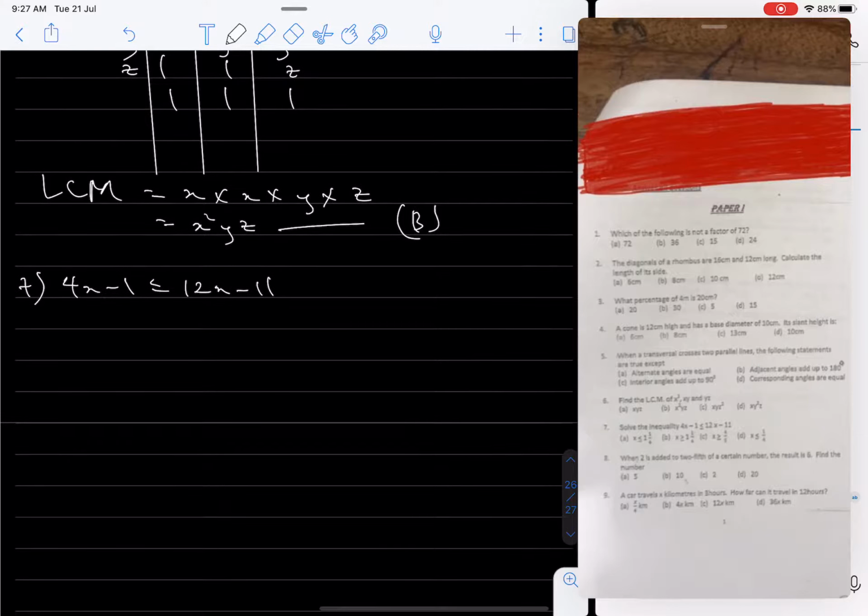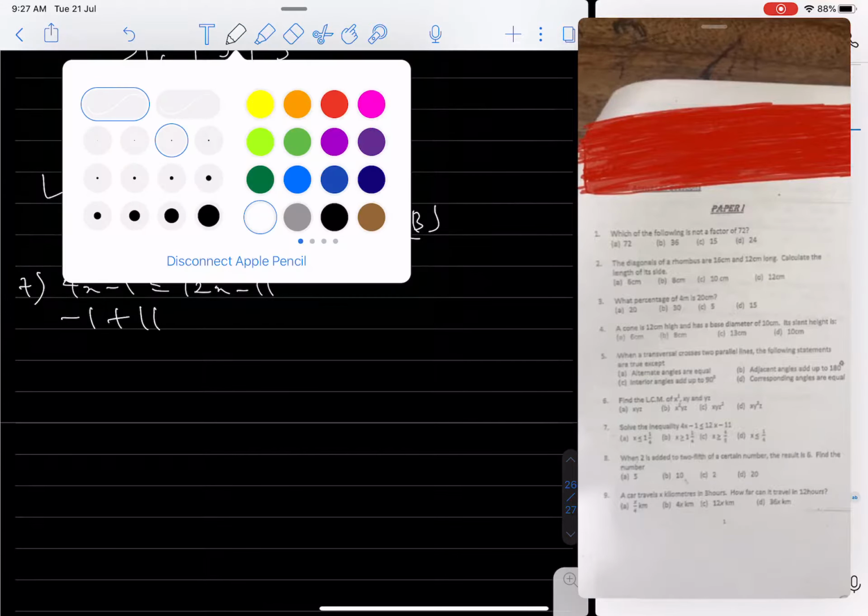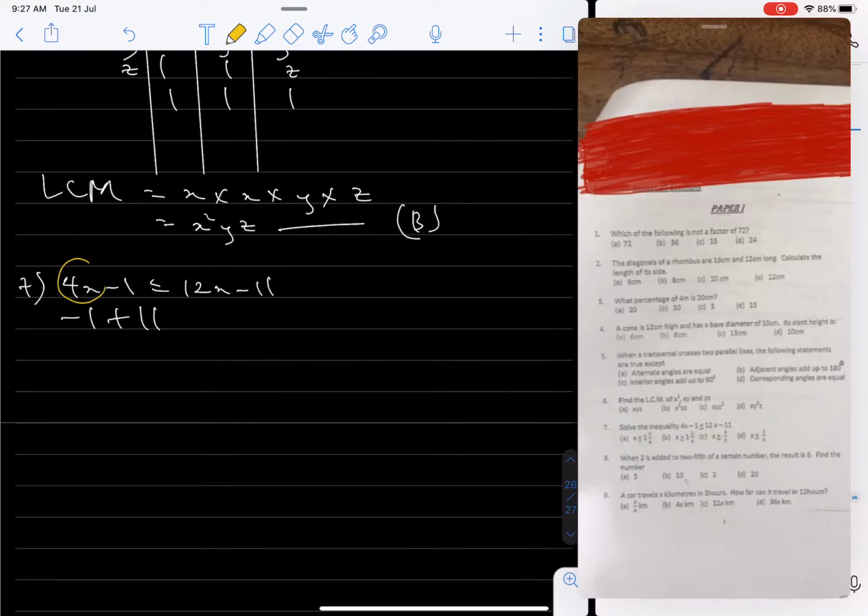Anyway, you can do this: bring minus 11 to the left hand side and take 4x to the right hand side. I'm taking 4x to the right hand side. I'm bringing minus 11 to the left hand side.